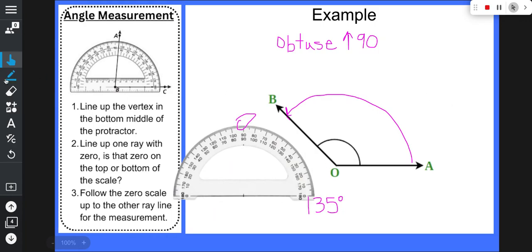Sometimes our angle might point something like this. And then in this case, we would have wanted to use the other scale because this would have been 0, which would have been the bottom scale number on our protractor. So that is why we have two scales of numbers.